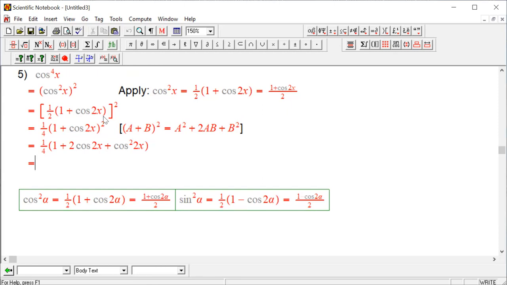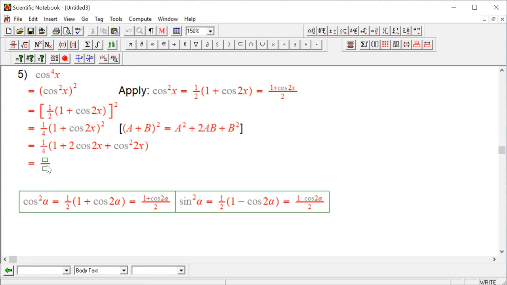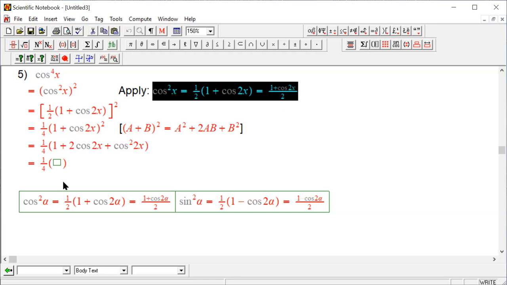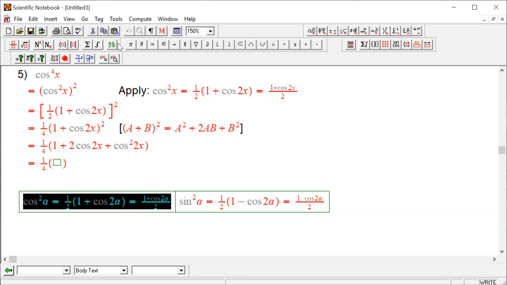So let's continue. This is going to be a quarter, and once again we're going to replace cosine squared of 2x. Previously this was cosine x, and now we do cosine 2x.